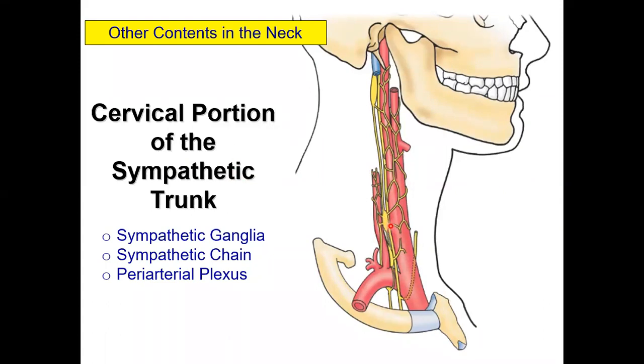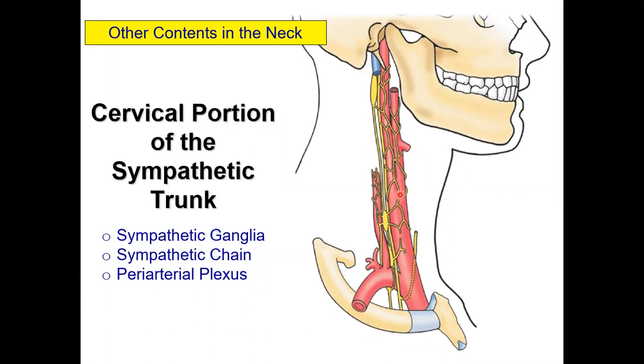So the sympathetics for the head, they actually synapse here at the superior cervical, well, so you have a superior, a middle, and an inferior cervical ganglia. And then after they synapse, the sympathetics themselves travel along arteries to get where they need to go.